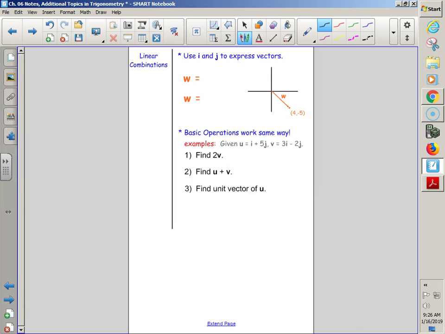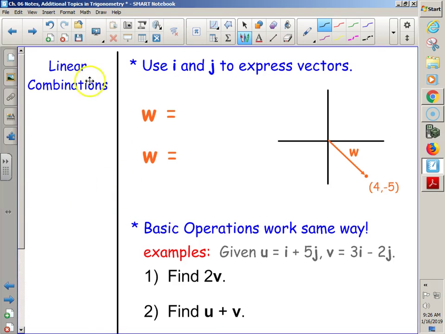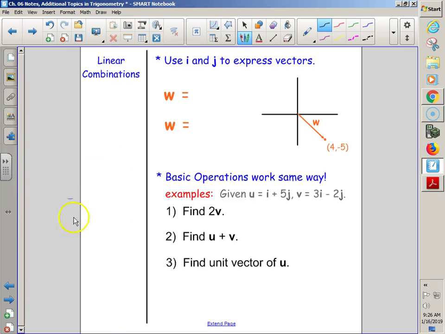Now let's go ahead and talk about that linear combination form. Most of you might be able to go right now and write the linear combination form. The difference between the two: we have the old school component form, and both of these break it down.